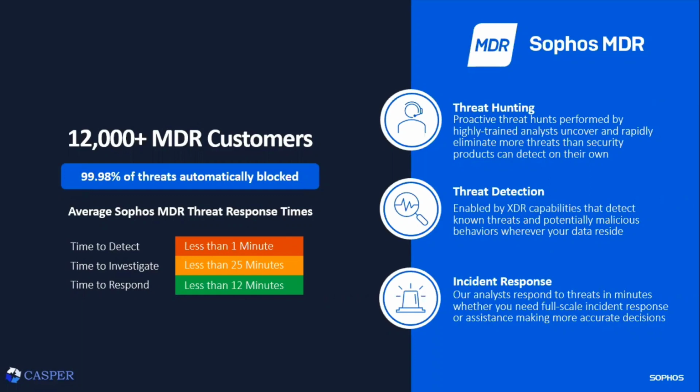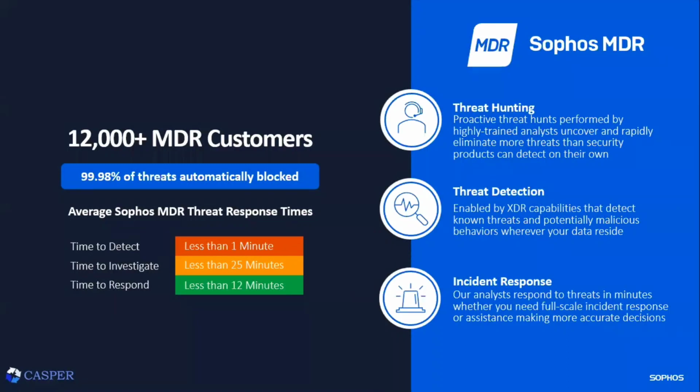So the detection time for MDR is less than 1 minute. From when the attack hits the network to when it is detected by the Sophos MDR, it takes less than 1 minute. 1 minute is the maximum, while the investigation period is 25 minutes.